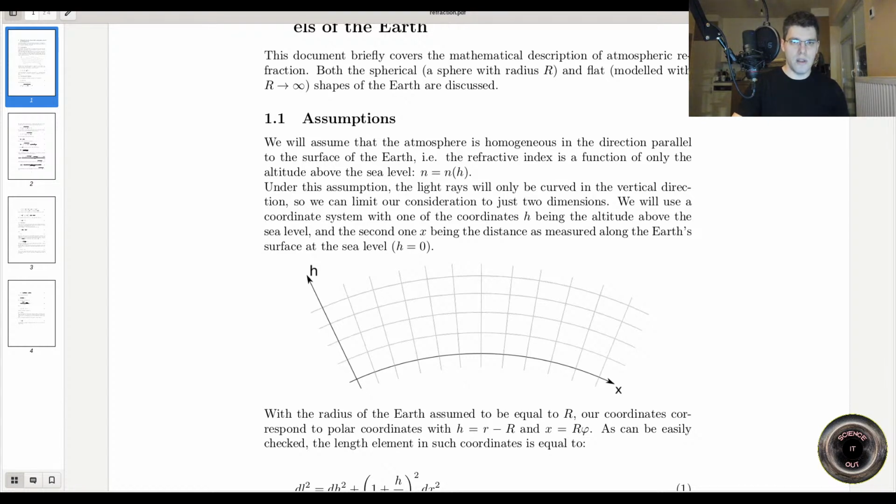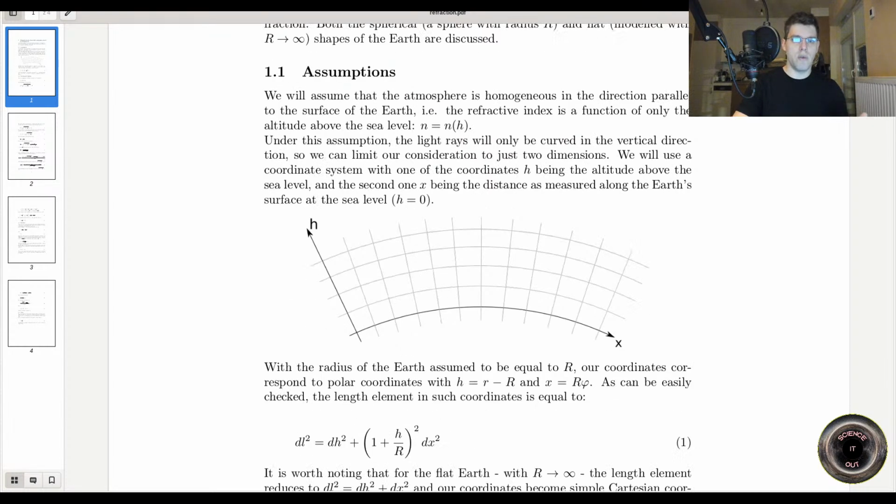So this way I can derive the equation once for some arbitrary value of R, and then consider the limit of this equation with R tending to infinity, and then I will automatically get the solution for the flat Earth. So that was basically the idea here.